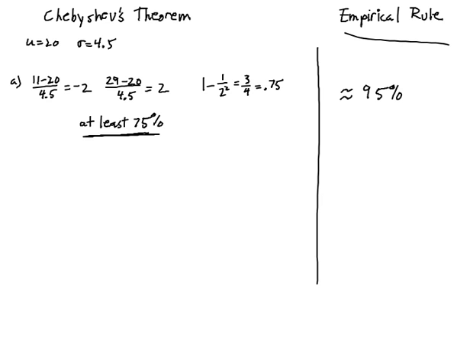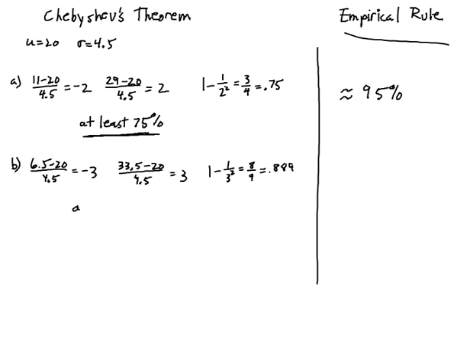Let's go on and try part B. I'll calculate the z-scores here also for 6.5 and 33.5. In this case, the 6.5 is 3 standard deviations to the left, and 33.5 is 3 standard deviations to the right. Using the formula, I'm talking about within 3 standard deviations, so I'm going to plug that in. And I get 1 minus 1/9, or 8/9, and 8/9 is 0.88, we'll say approximately 89%.